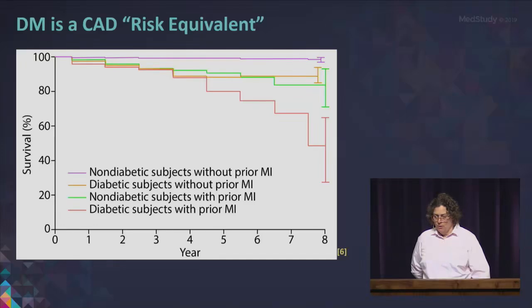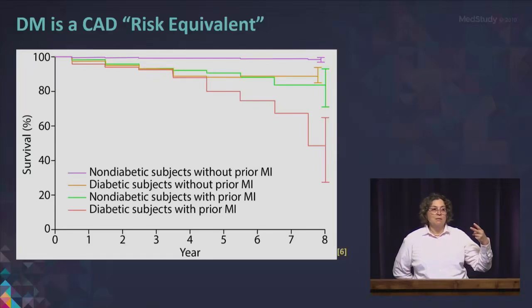And what they did was they looked at patients who had diabetes without a heart attack, and they looked at people who did not have diabetes but did have a heart attack. So these are the cardiovascular patients, and what they saw was that mortality was the same whether you had diabetes without a heart attack or you had a heart attack without diabetes, which then made them equivalent.